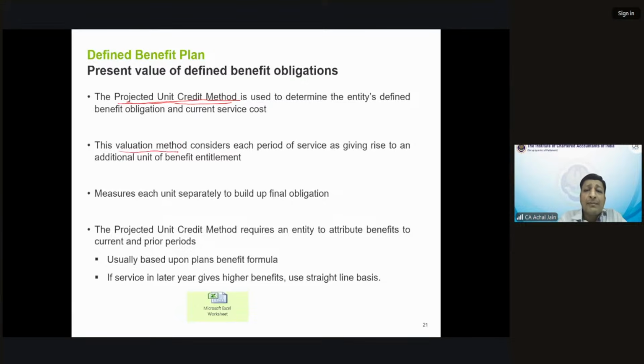This valuation method will require consideration of each period of service so that the future liability can be ascertained. It requires an entity to compute the amount of defined benefit obligation.